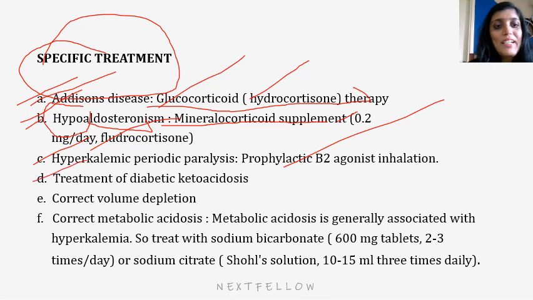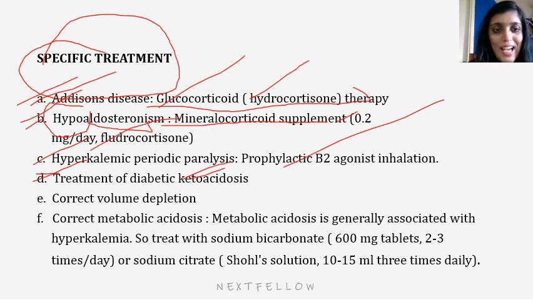Treatment of diabetic ketoacidosis. In case of diabetic ketoacidosis, patients usually present with hyperkalemia due to insulin deficiency. So the treatment of hyperkalemia in case of diabetic ketoacidosis is insulin therapy.